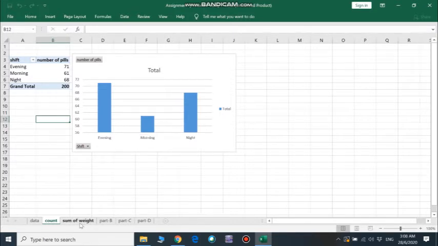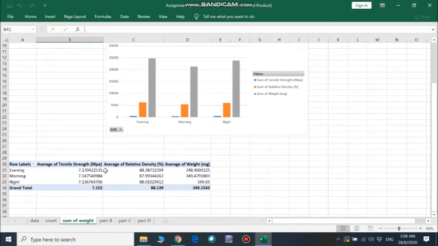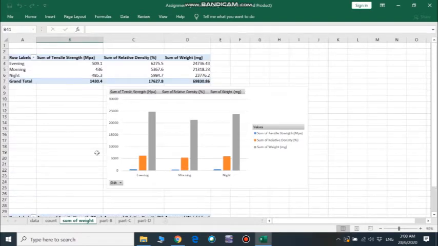The next thing is to calculate the sum of the weight. The first thing to calculate is the sum of the tensile strength in megapascal, the next thing is the sum of the relative density, and the last thing is the sum of the weight.